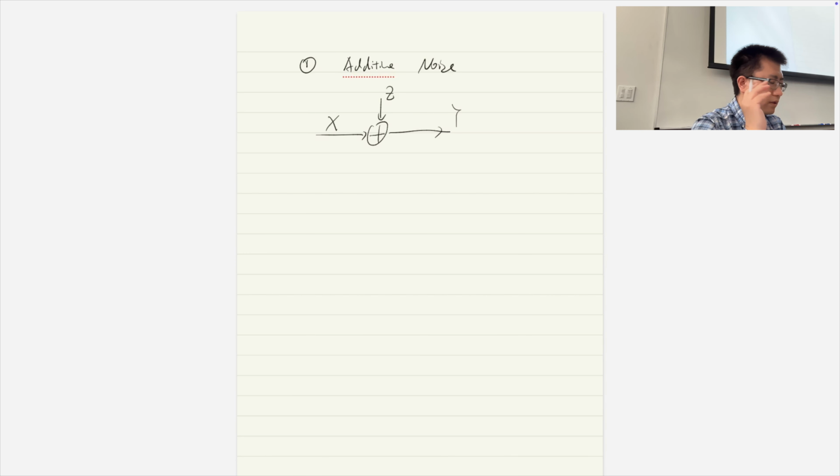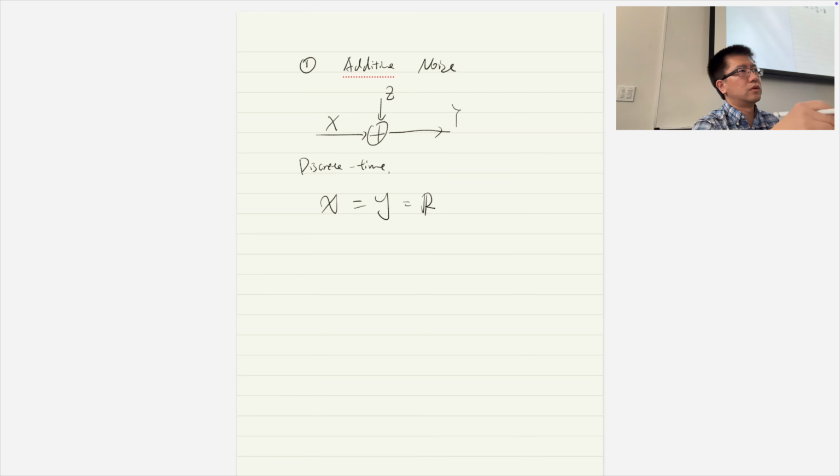Remember, the alphabet of X and the alphabet of Y are the real domain. We consider discrete time, meaning that on the x axis we only have 0, 1, 2, 3, and so on. But for the y axis, the value of the random variable can be anything in the real domain.